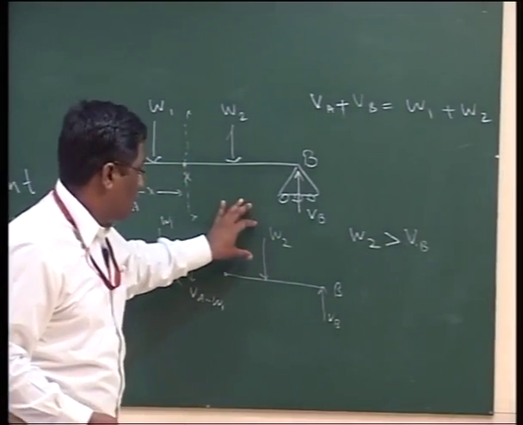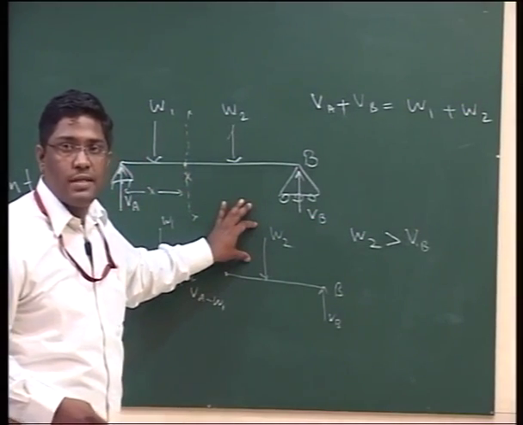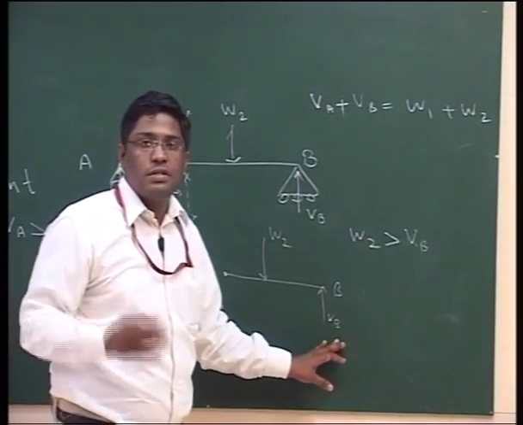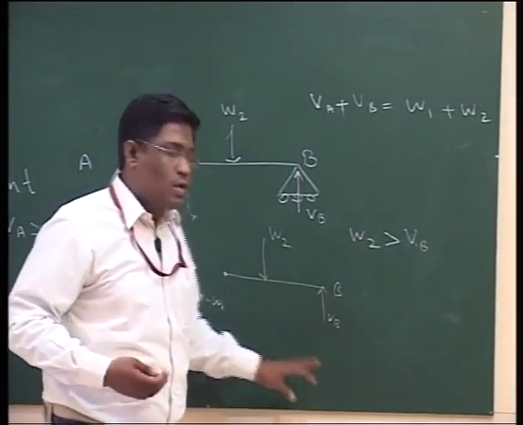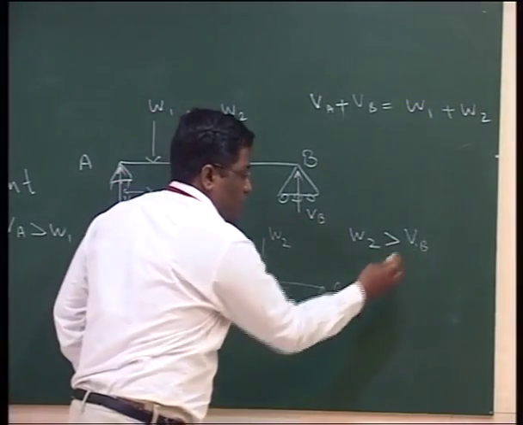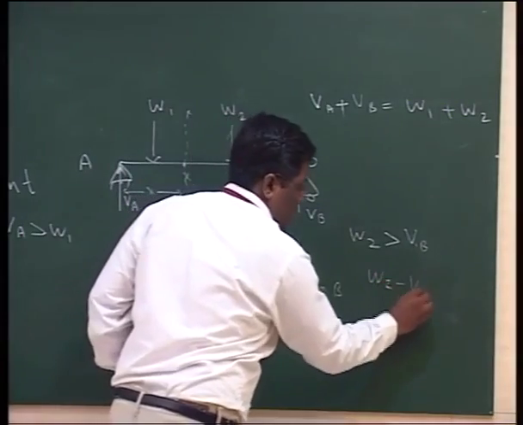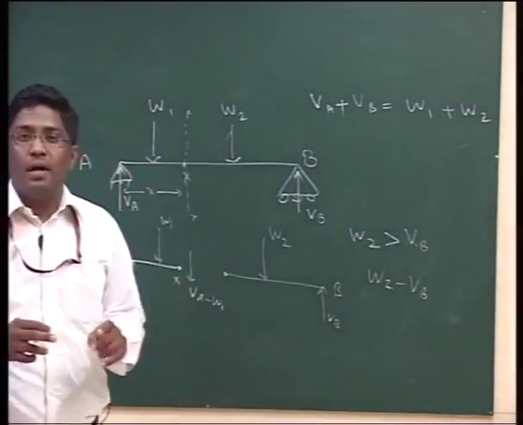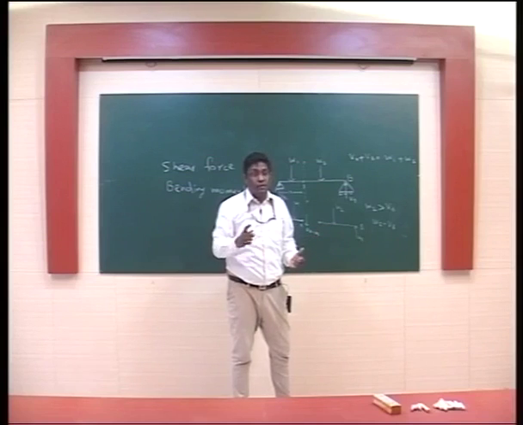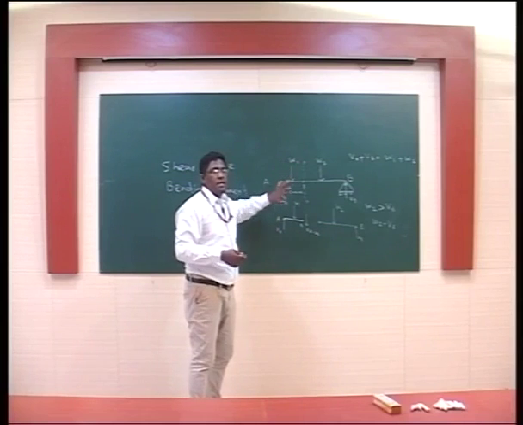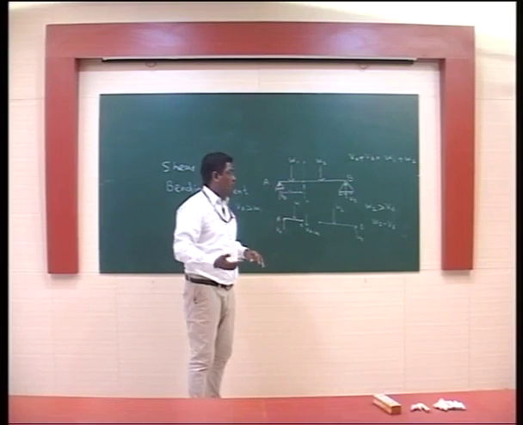So now if we talk about this part, we have the conclusion that W2 is greater than VB. Then if we see, W2 is having the tendency to move this particular beam downward, whereas VB wants this beam to go upward. So what will be the net force? Net force will be W2 minus VB, and the tendency of this part will be to go downward, whereas once again it is not the case. The whole beam is in equilibrium, that means every part of this beam is also in equilibrium.